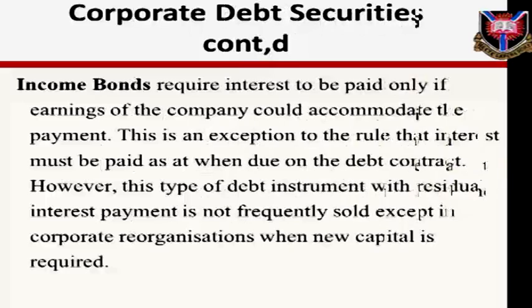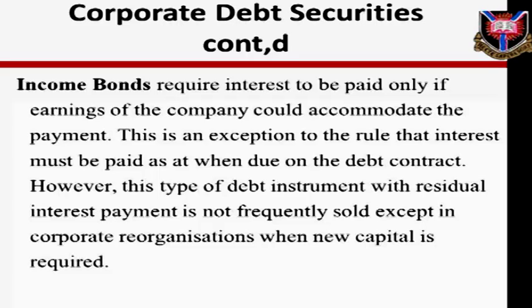Failure to honor this obligation constitutes an act of default, and the creditor may seek legal redress. Income bonds. Income bonds require interest to be paid only if earnings of the company could accommodate the payment. This is an exception to the rule that interest must be paid as and when due on the debt contract.